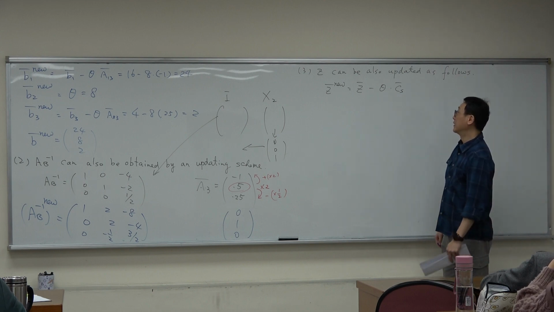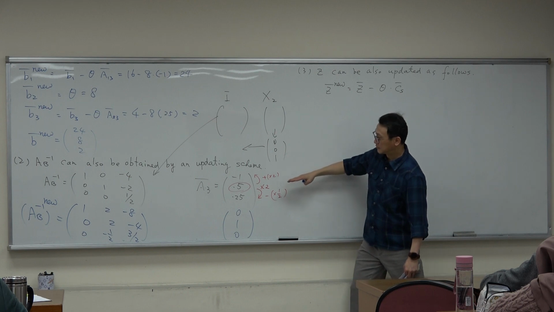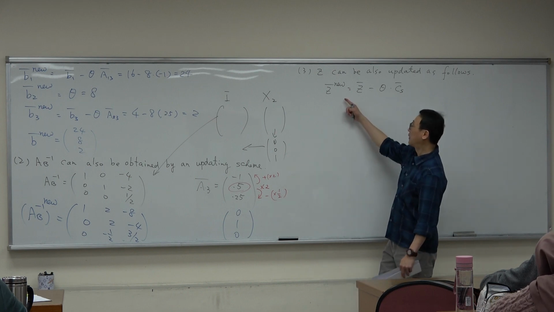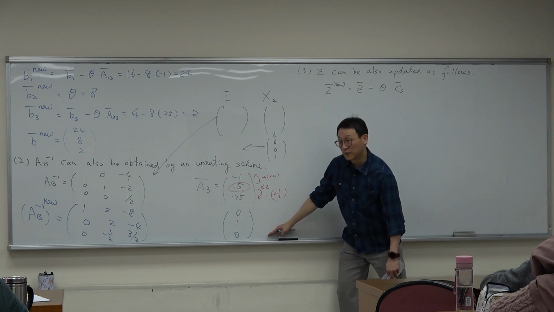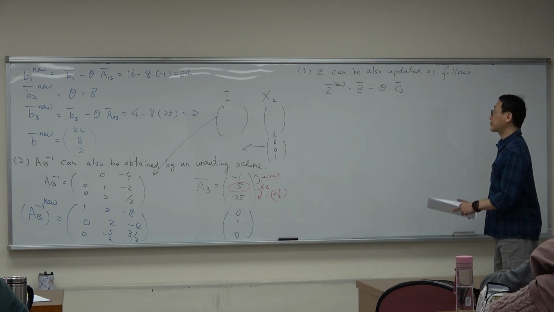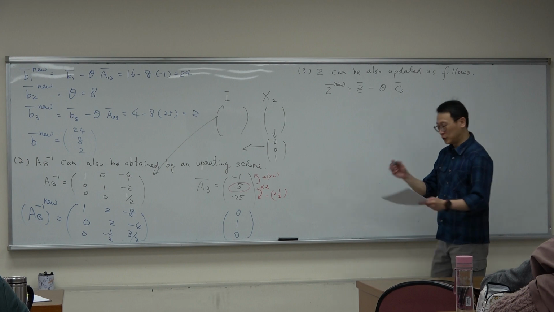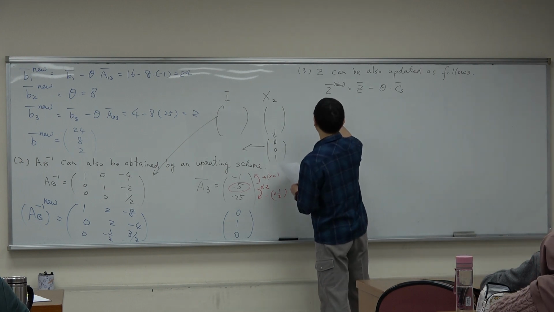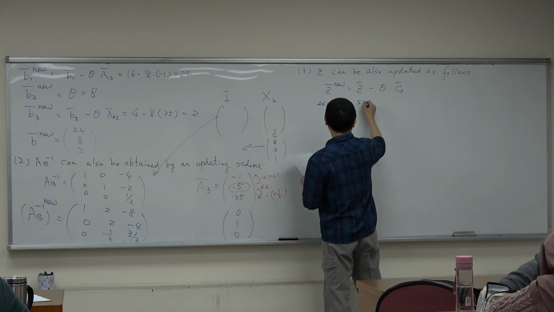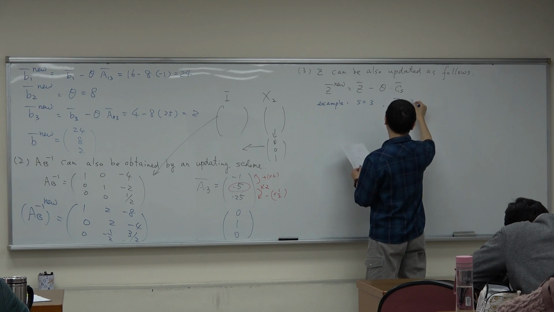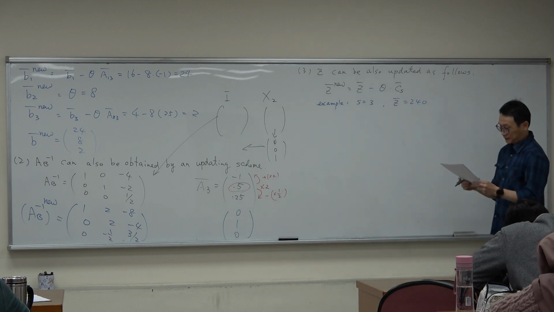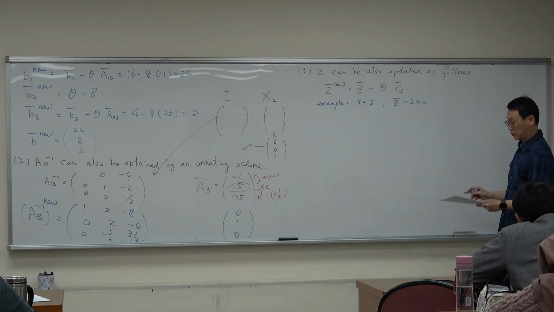So the z bar indicates the value of the objective function of the new iteration. Okay, so again, we utilize the example we had previously. We utilize the same example. S is 3, and in the iteration, the objective function value is 240, right?